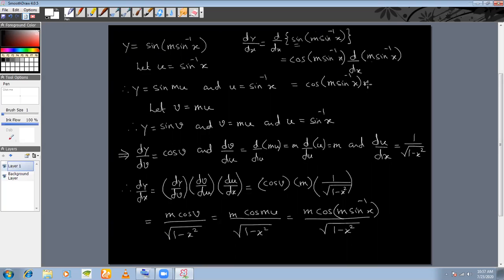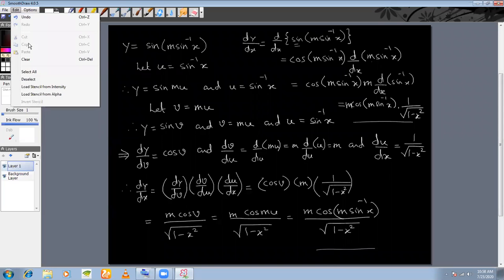Now m is a constant, it can be taken out of the differentiation, m d/dx of sine inverse x. So this becomes m cos (m sine inverse x) into 1 by root 1 minus x squared, because d/dx of sine inverse x is 1 by root 1 minus x squared. So are we getting this? Yes or no? Yes, sir. So this is how you do directly, and this is how you do by breaking up into chains.